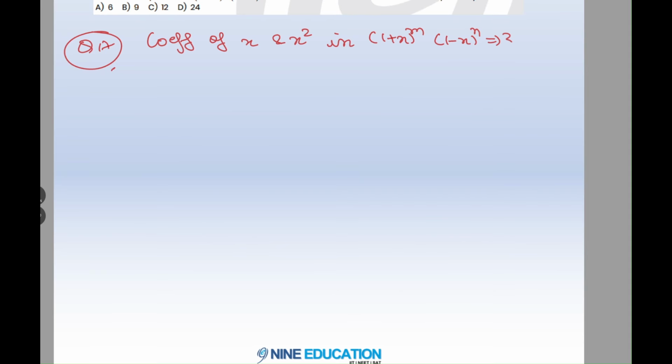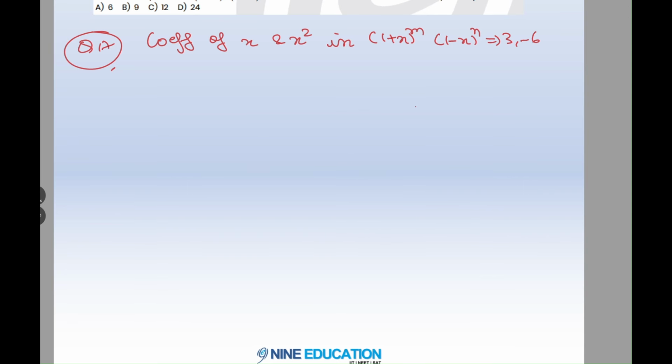In this expansion, given the coefficients of x and x square in (1 plus x) power m into (1 minus x) power n are 3 and minus 6 respectively, we need to find what m is.